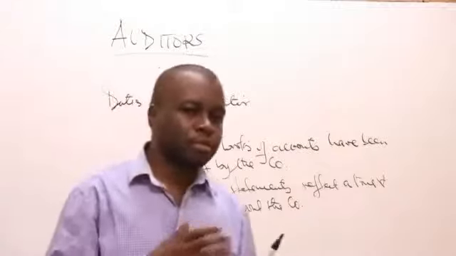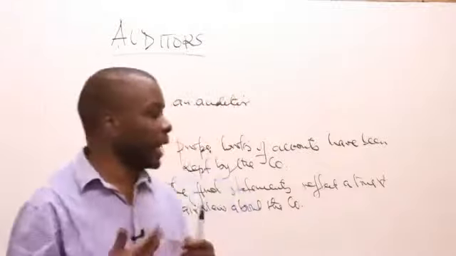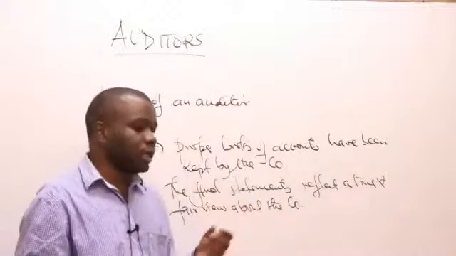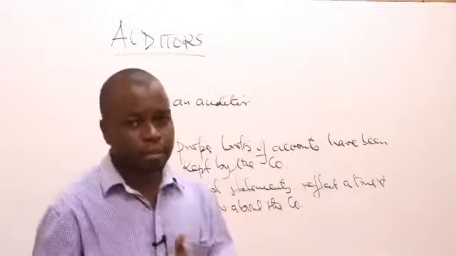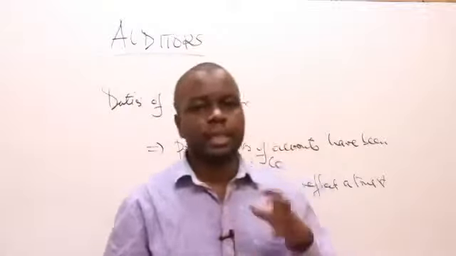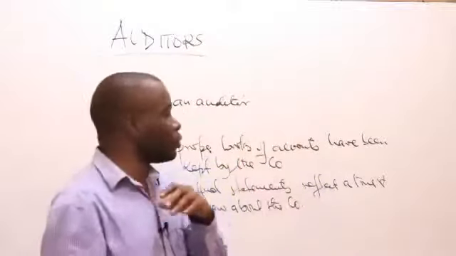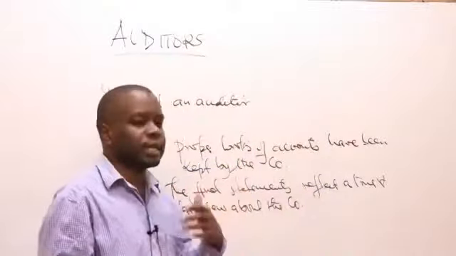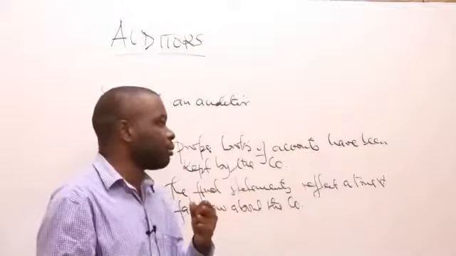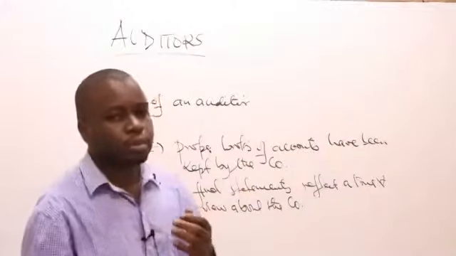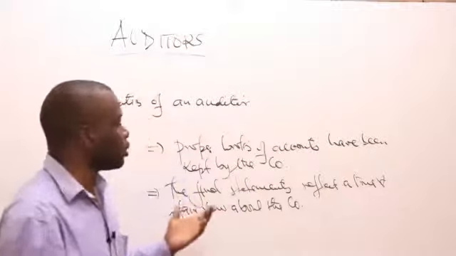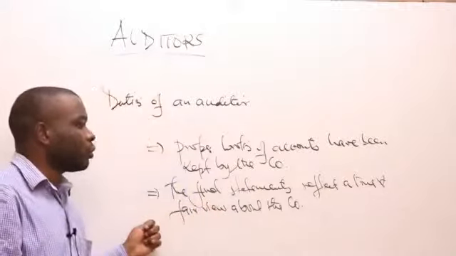When you say right to information, it could be the right to access the books of accounts, and the right to access even the branches of the company. For example, if the company has branches in different places, you have to allow the auditor to visit such branches so that he can get enough information to enable him form an opinion on the affairs of the company.